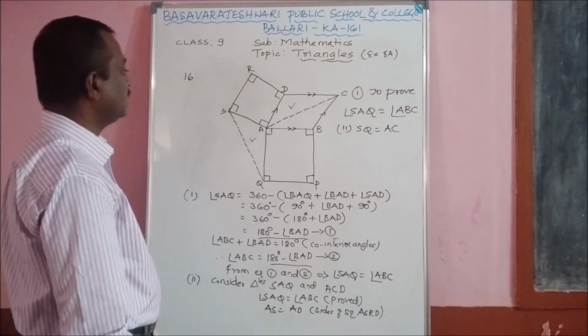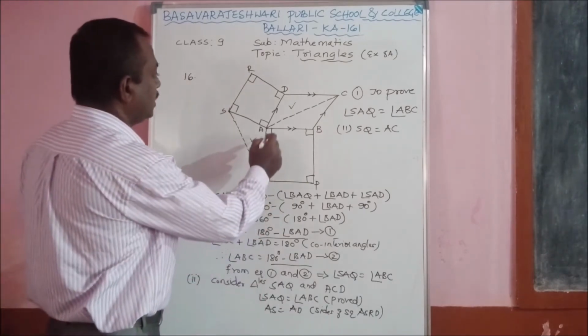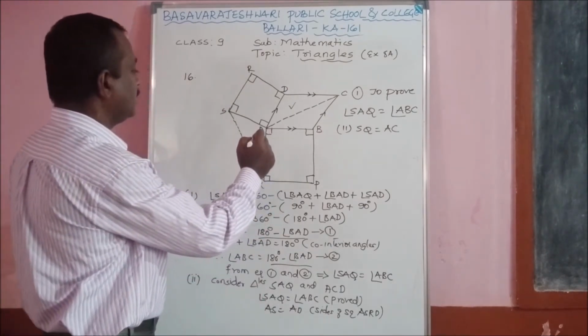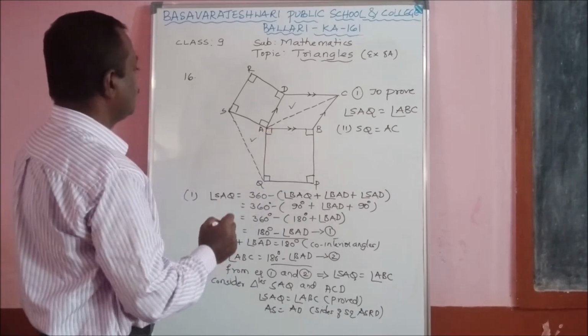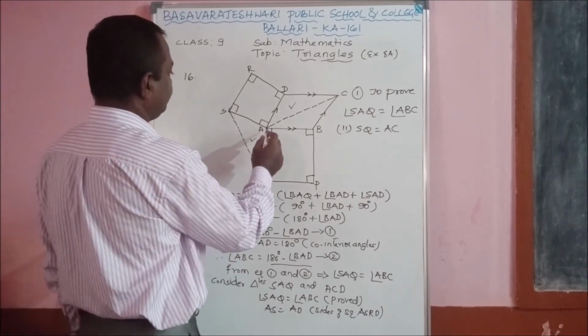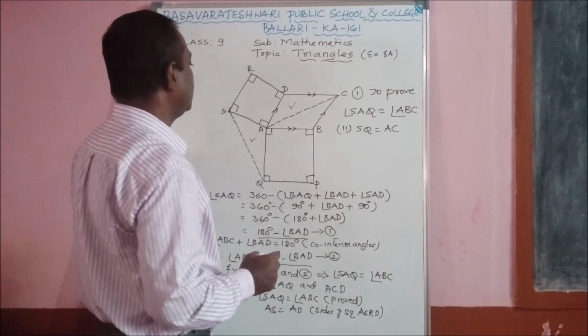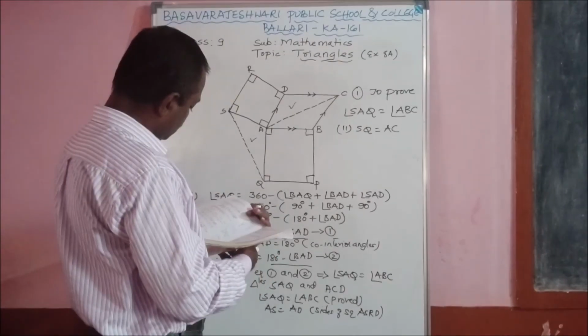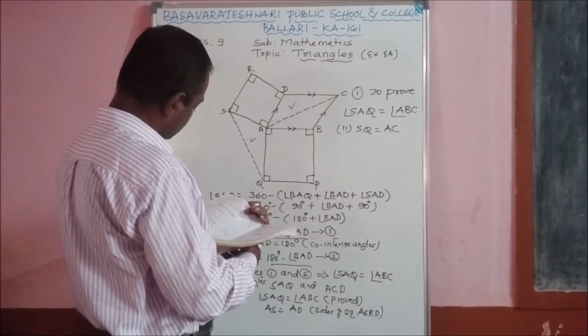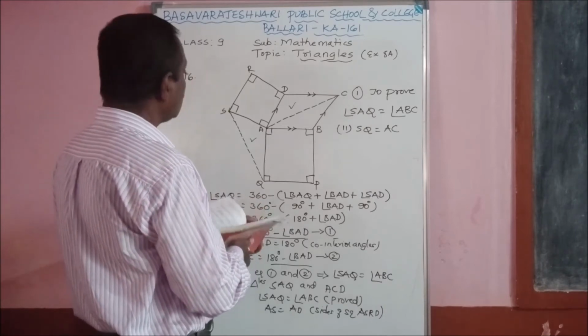Correct? One is over. Now one more side you have to take. AQ is equal to AB.